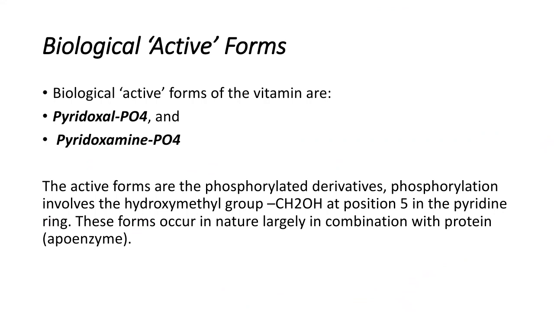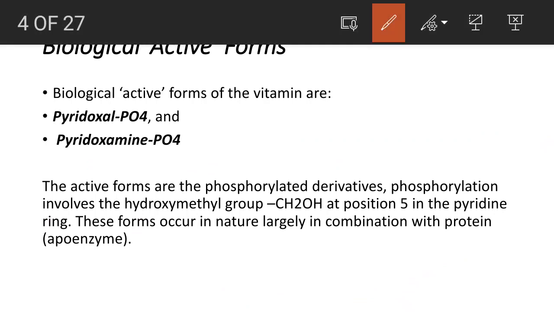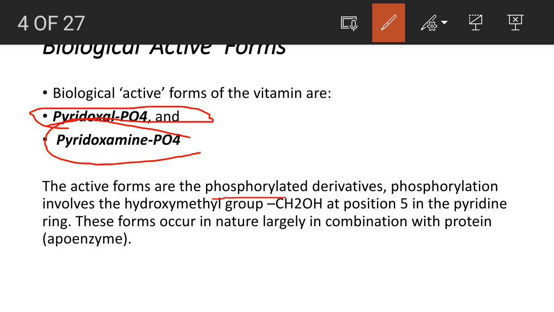Biologically active forms of vitamin B6 are pyridoxal PO4 and pyridoxamine PO4. The active forms are phosphorylated derivatives. Phosphorylation involves the hydroxymethyl group at position 5 in the pyridine ring.